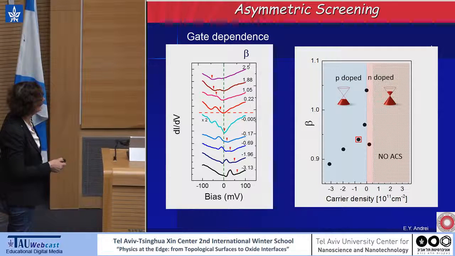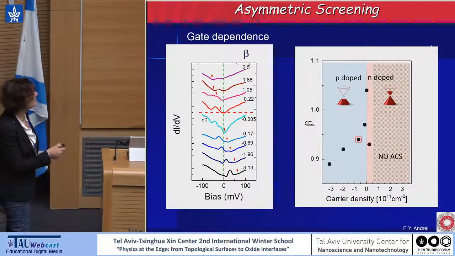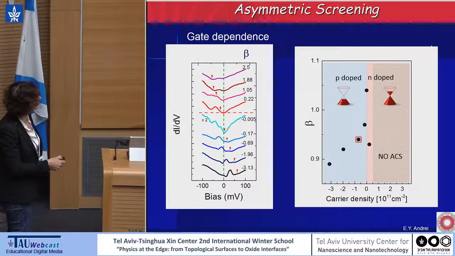So at this point the Dirac point is here, and we have our collapse resonance below it. In STM, zero is always the Fermi energy. So you see that as we gate it into the electron sector, of course the Dirac point marches down, but the Fermi energy eventually will cross the collapse resonance.